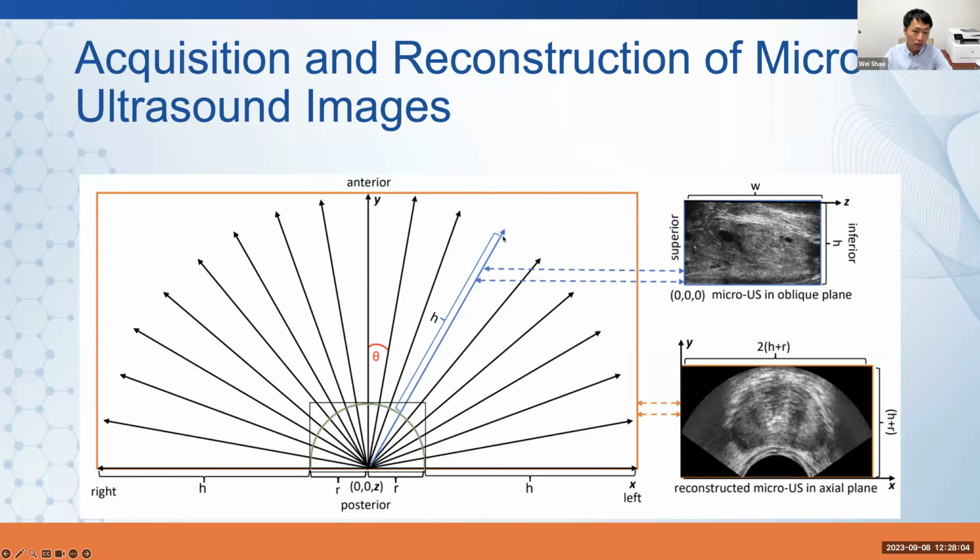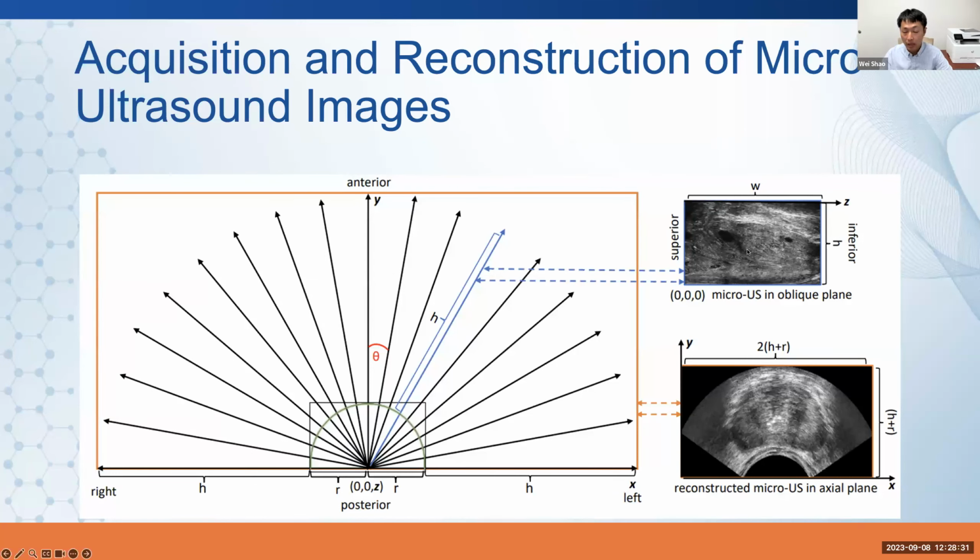So that's how you do it. You first find the 2D slice that contains that point, and second, you compute the distance from this point to the bottom of this 2D slice, which is equal to the square root of x squared plus y squared, minus the radius of your probe. So you compute the height, and the width comes from the z direction, which is from the apex to the base.